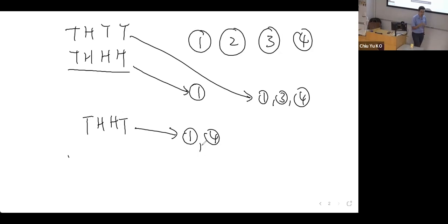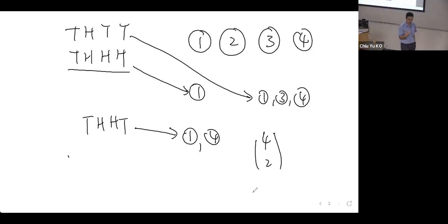Why do I do that? Because I want exactly 2 tails. So among the 4 balls, I draw 2 balls. So basically it's 4C2, because out of 4, I drew 2. Exactly how many of them?